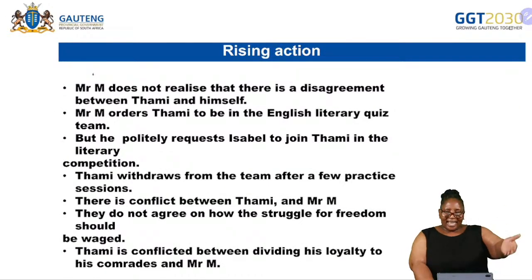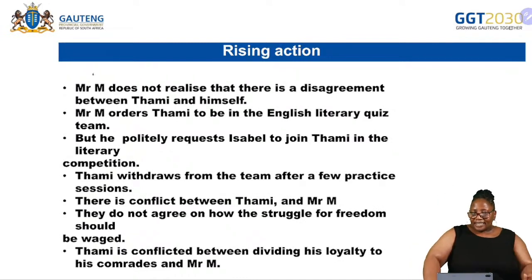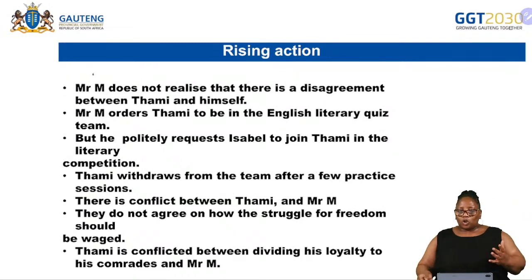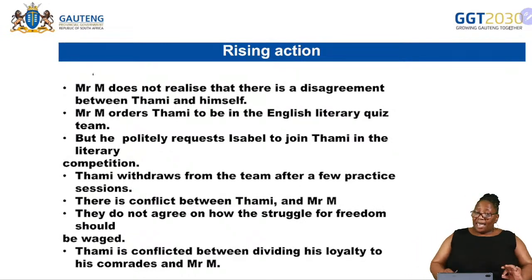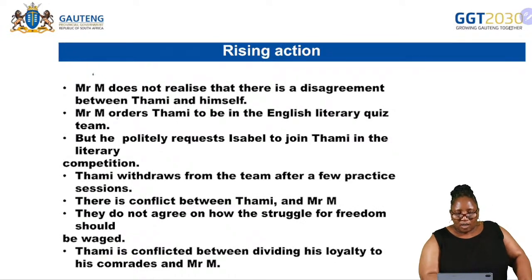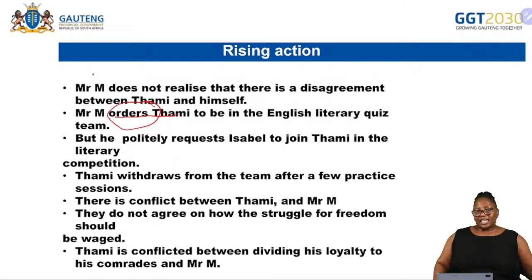So we have our rising actions. Remember last week, we dealt on these steps of dealing with or reading literature. Our rising action here is Mr. M does not realize that there is a disagreement or conflict between Tammy and himself. Mr. M orders Tammy, mark the word, orders, Tammy to be in the English literature quiz team.